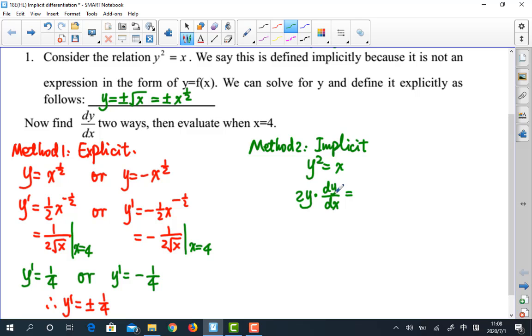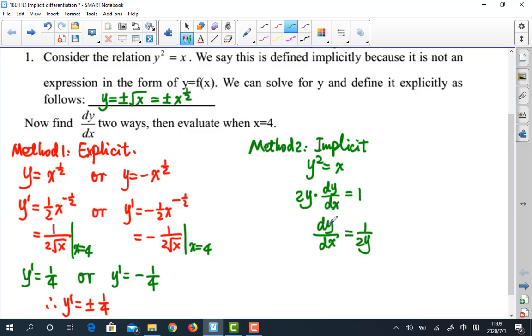So you don't want the y prime to confuse you later with y to the power 1 in the entire derivative function or derivative equation. So then we differentiate the right side. Differentiate x should be 1. Then dy over dx equals 1 over 2y.